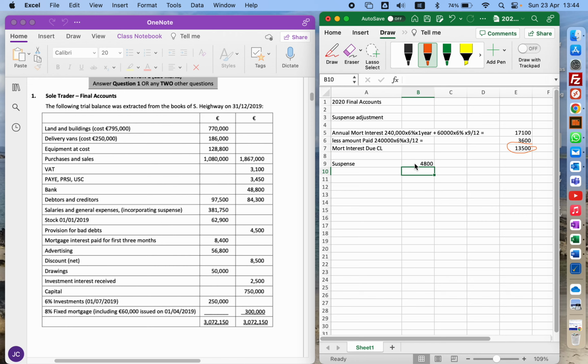And to put that in, I'll need to put that in as a credit, okay, into the mortgage interest account. And I'm doing this like I've already fixed and put the correct figure in. So I'll credit mortgage interest, so that means I'll need to put a debit wherever the suspense is, okay? So suspense at the moment is in salaries and general expenses.